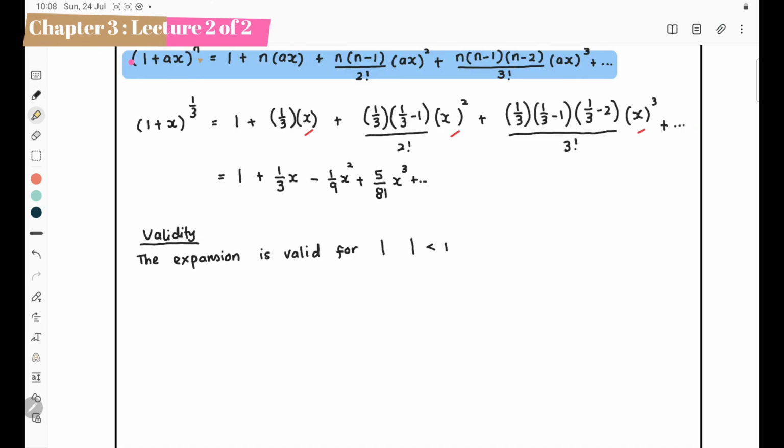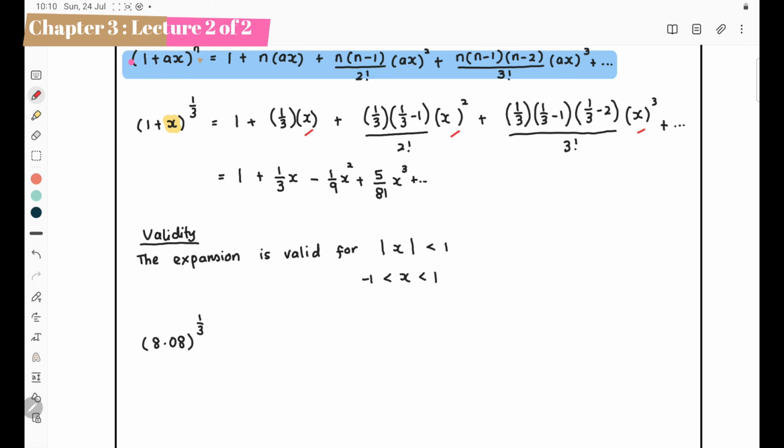For the validity, the expansion is valid for modulus x less than 1. So we can simplify into x in between -1 and 1.